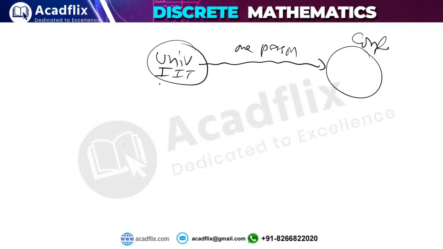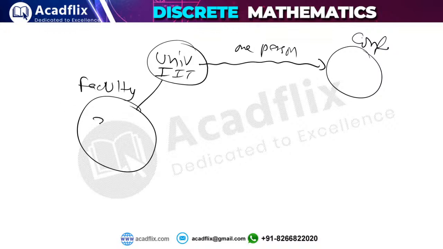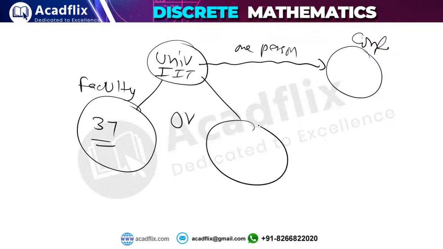And now they are thinking, okay, whom to send? Either we can send a faculty, and total 37 faculty are there, or we can send a student, and total 83 students are there. So basically this university is thinking to send one person to the conference.